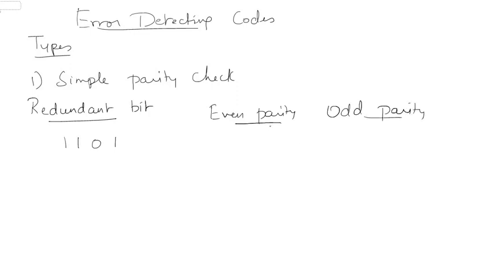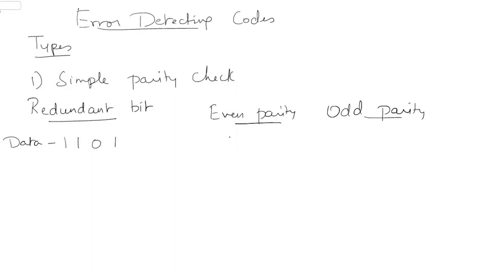Suppose you are using even parity. If you count the number of ones in the data which is to be transmitted, we have 1, 2 and 3. So an odd number of ones are there. If you are using even parity, the number of ones should be even after adding the extra parity bit, or the redundant bit.